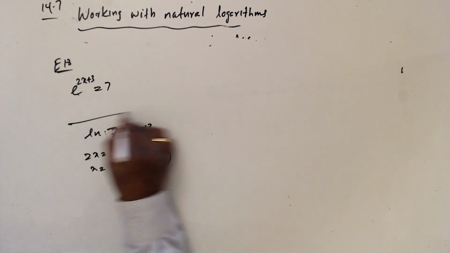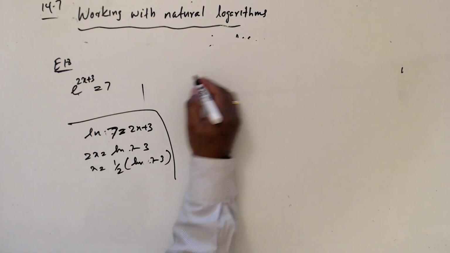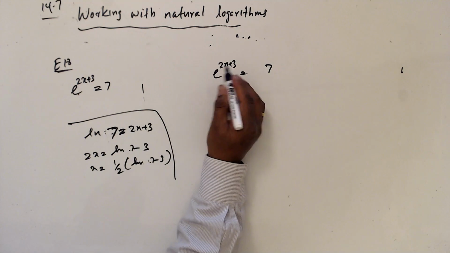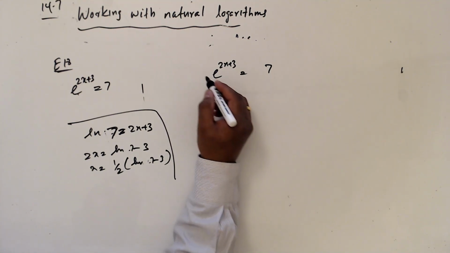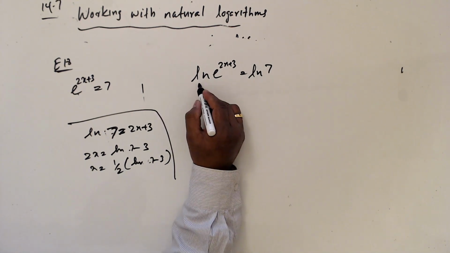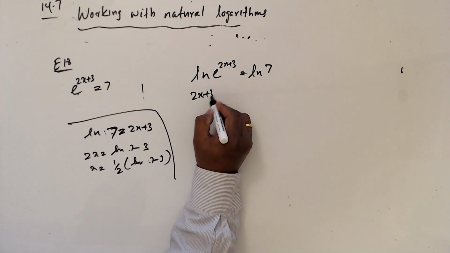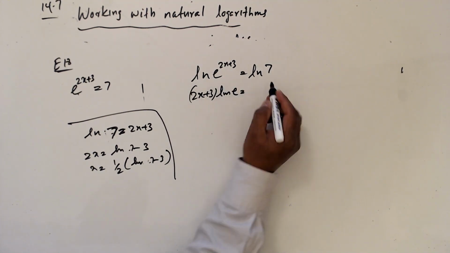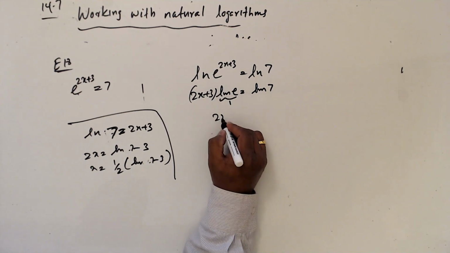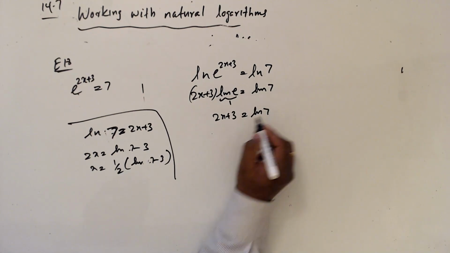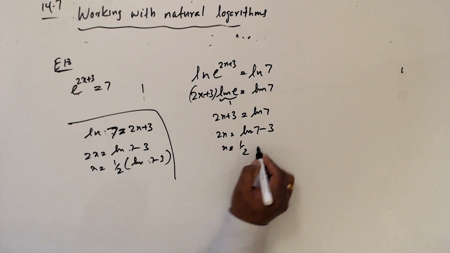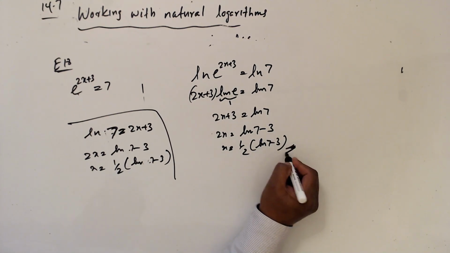Or I draw on the first principle, or you can do it like this. e to the power 2x plus 3 equals 7. Apply ln, the natural logarithm, to both sides. So 2x plus 3 times ln e equals ln 7. ln e becomes 1. So 2x plus 3 equals ln 7. 2x equals ln 7 minus 3. x equals half of ln 7 minus 3.